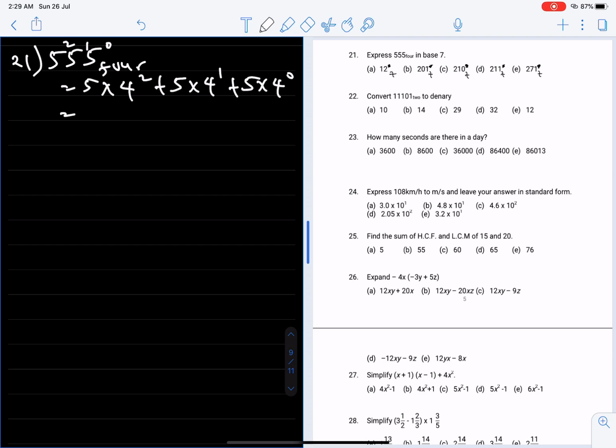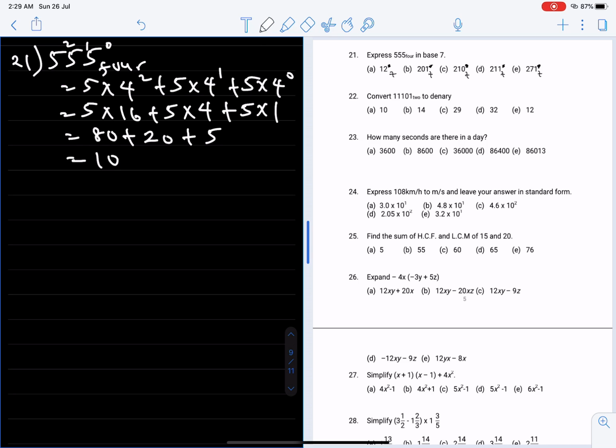And that simply means 5 times 16 plus 5 times 4, 4 raised to power 1 is still 4, plus 5 times 1. 4 raised to power 0 is the same as 1. Any number raised to power 0 is the same as 1. 5 times 16 is 80 plus 20 plus 5. And that means 105 base 10.